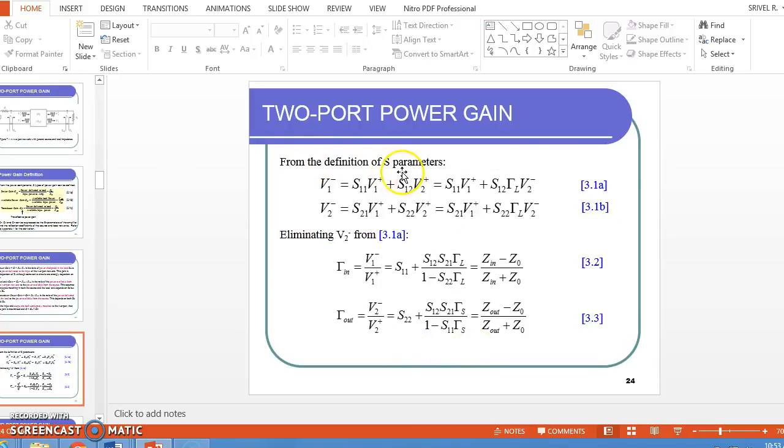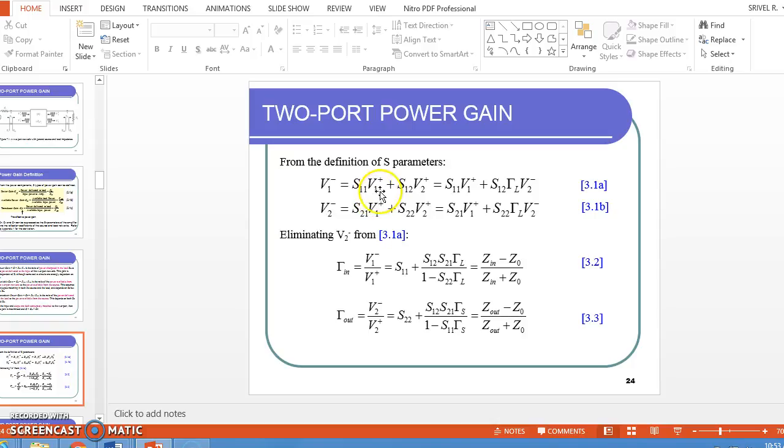So from the definition of S parameters, we have V1 minus equal to S11 into V1 plus, where plus represents the incident and minus represents the reflection.